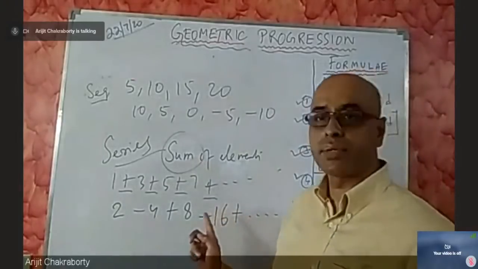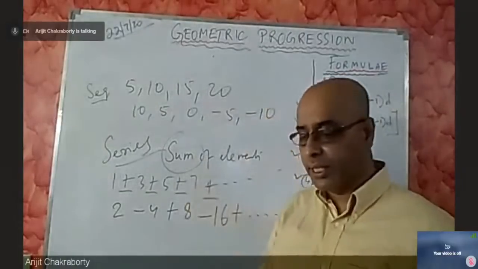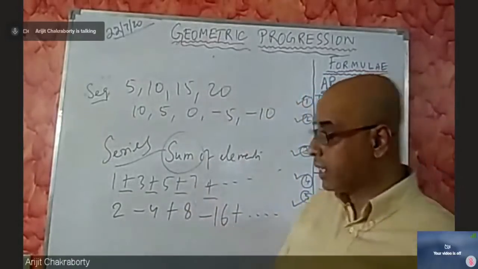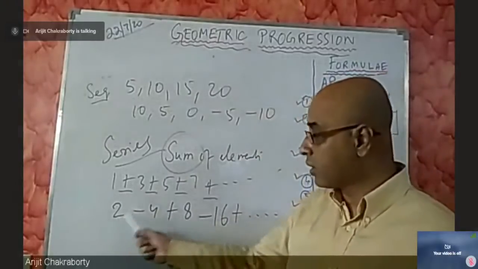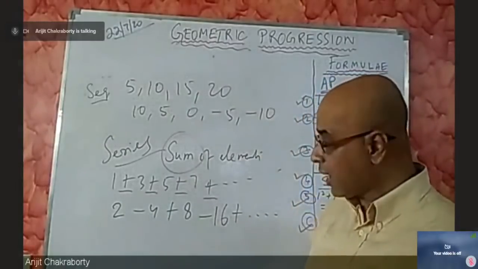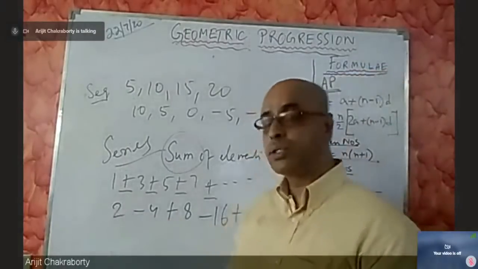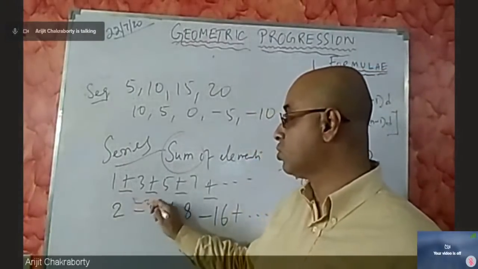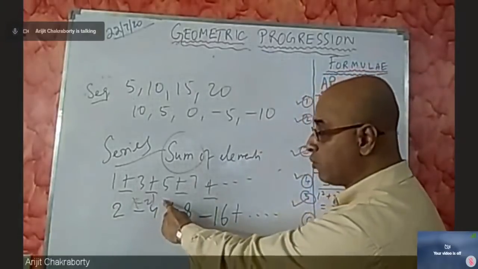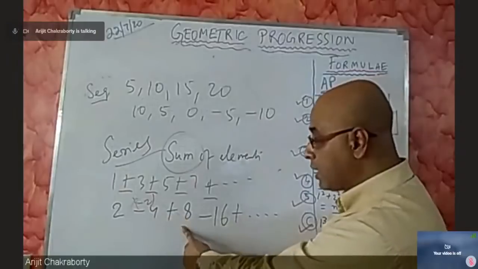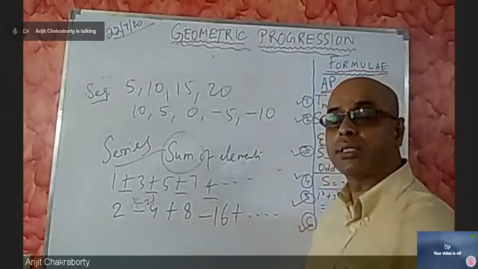This is also a series, because there is a particular order. In fact, 2 into minus 2 will give you minus 4. Minus 4 into minus 2 will give you 8. 8 into minus 2 will give you minus 16.